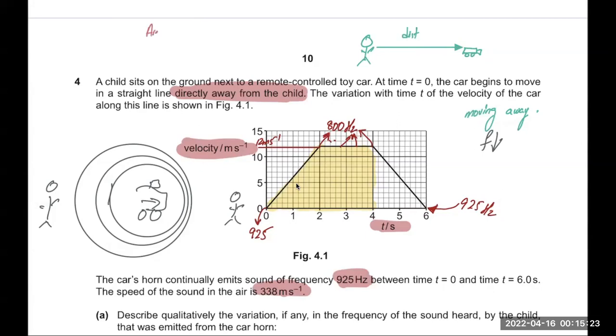Area is equal to half times height. What's the height? The height is 12. 12 times the sum of the parallel sides. This side is 2, from 2 till 4. The other side is 4. So 2 plus 4.